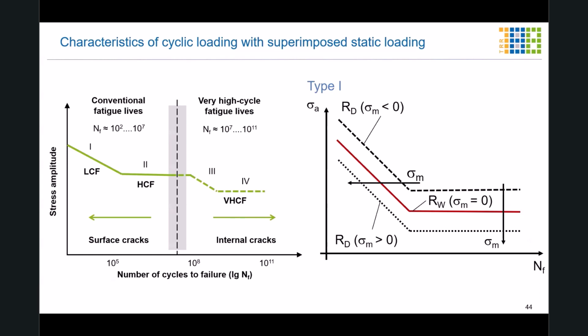On the left side, we can see the different areas like the LCF area, the low cycle fatigue area with the conventional fatigue lives shown above, the high cycle fatigue area, HCF, and the very high cycle fatigue area, regarding the different numbers of cycles to failure. We can also see that in the low cycle fatigue and high cycle fatigue areas, surface cracks are more important regarding the damage initiation. However, the influence is most important in the low cycle fatigue area.